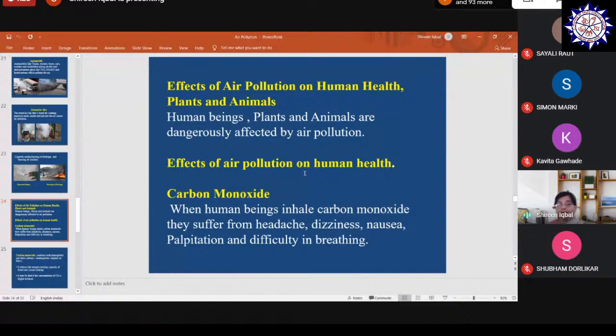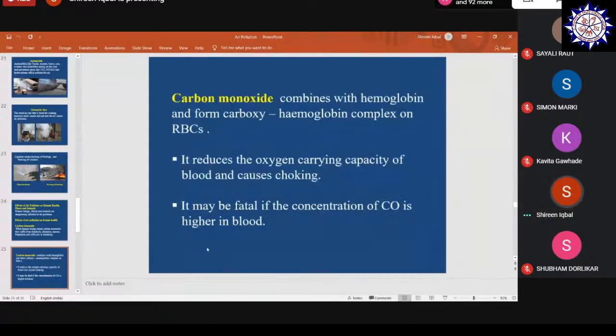And when this carbon monoxide is inhaled by the human beings, that person, he will suffer from headache, dizziness, nausea, palpitation, because that person will not be able to breathe properly. ठीक है, तो headache होगा, dizziness होगी, nausea होगा उसको, और that person will not able to breathe properly.